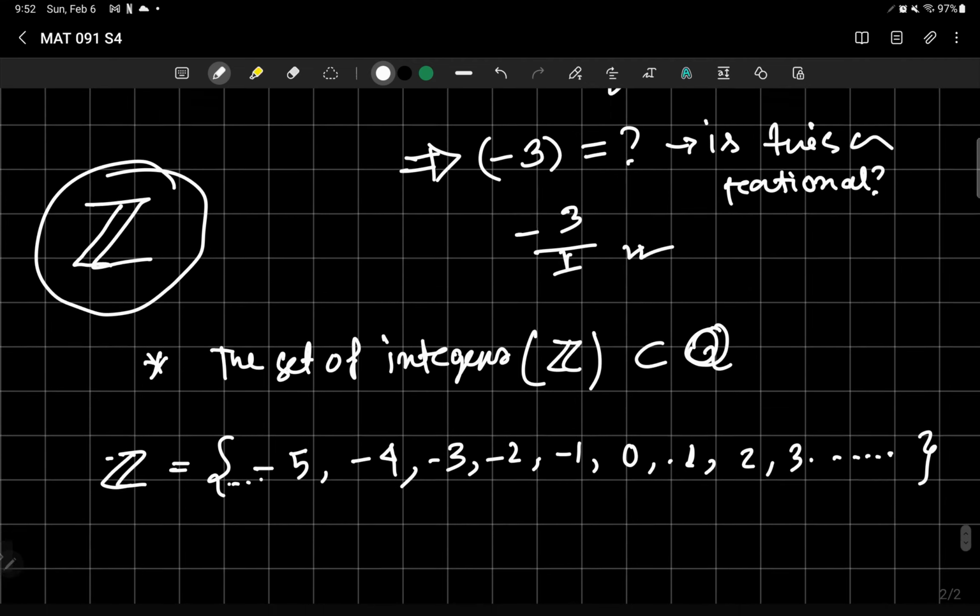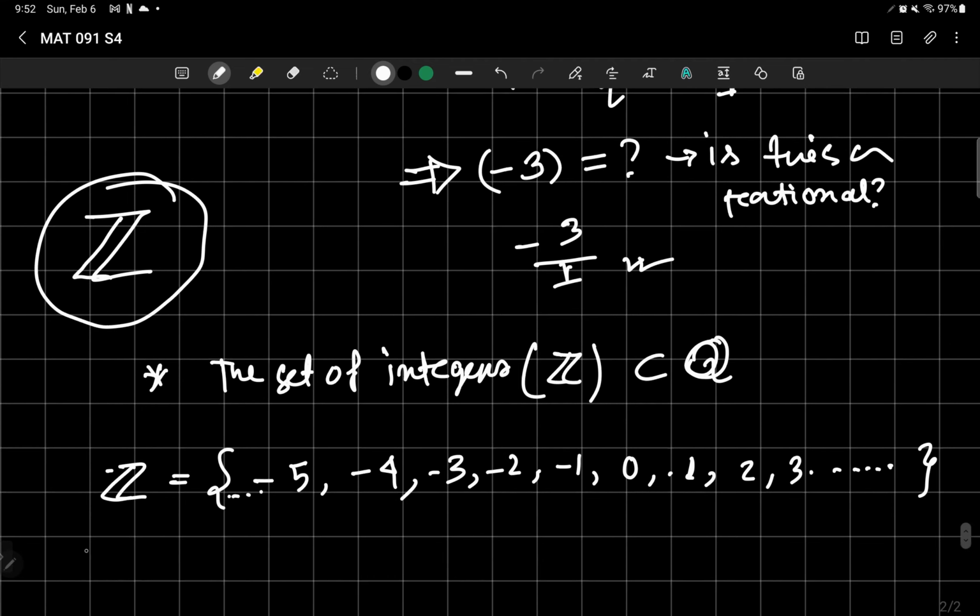Then from the set of integers, some people define another subset that is the set of the positive integers. And some people call it whole numbers. I don't know why they call it a whole number.